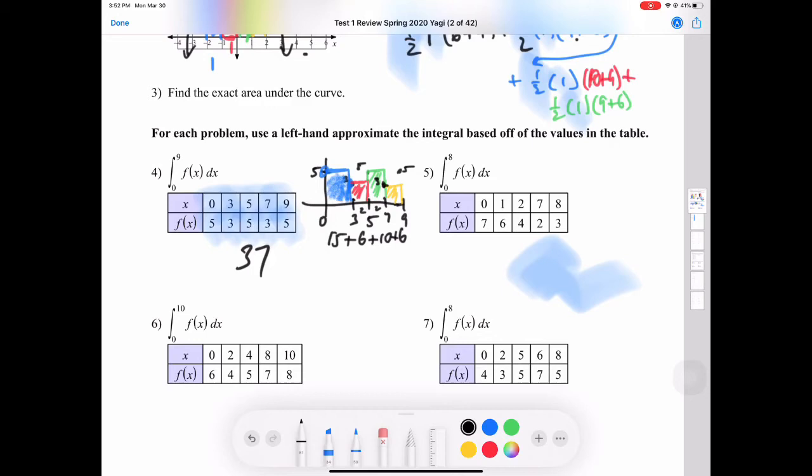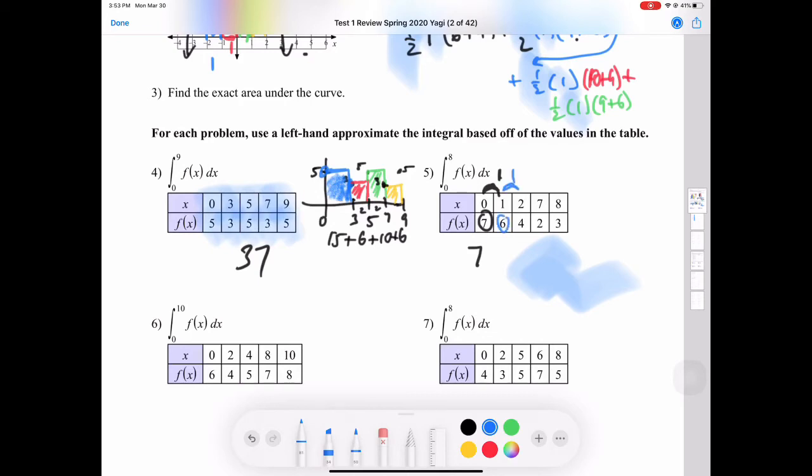Now, do you really have to draw that picture? Nope. That's the next problem, number 5, and you'll see we don't. The base of my rectangle is 1. Do I choose the left or the right? Well, 7 is on the left side of my rectangle, so use 7. 1 times 7 is 7. The next one, between 1 and 2, that's a 1.